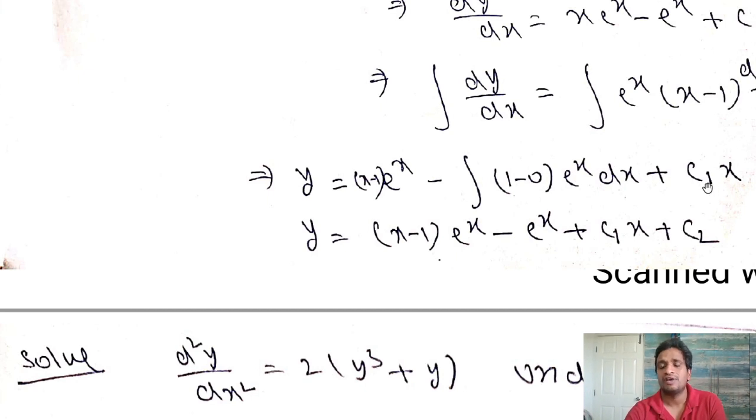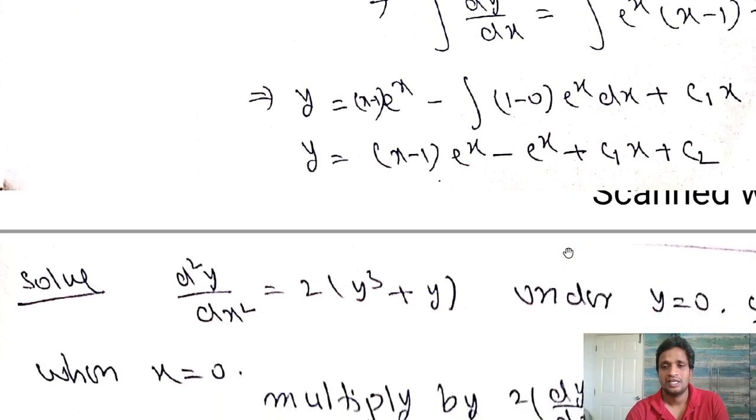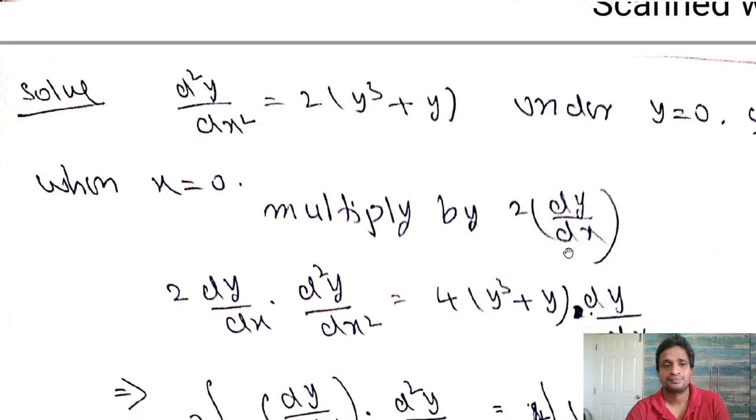The integration of c1 dx value is c1 x. So y is equal to x minus 1 into e power x, minus the one term e power x. So the integration of e power x is e power x, plus c1 x and one more constant c2. This is the general solution for the given differential equation.